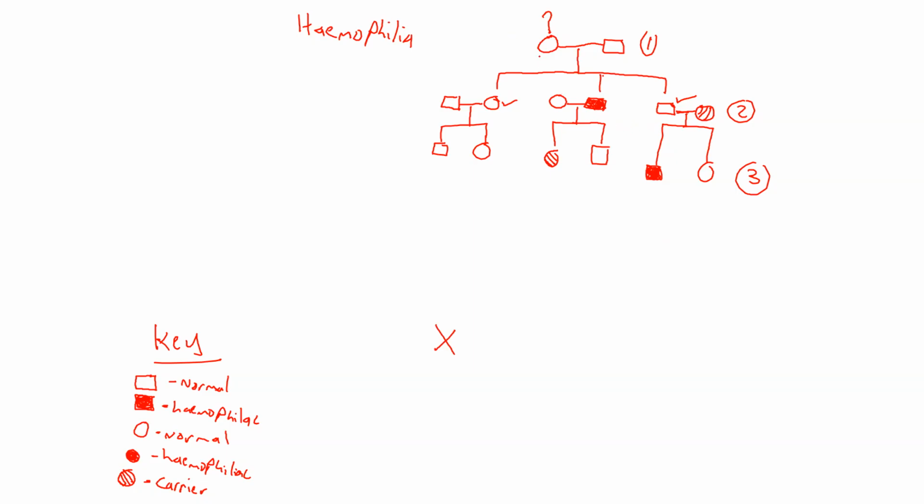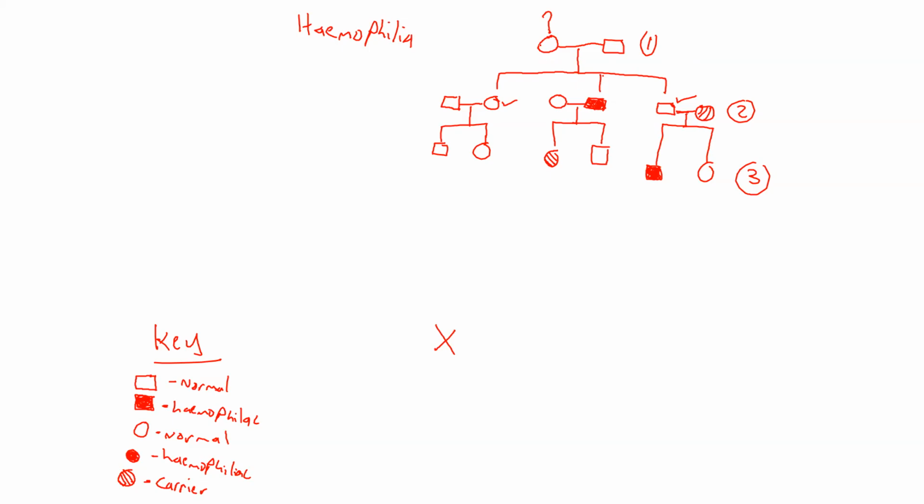So therefore, the mother has to be the one that is passing the hemophilia to the sons, okay? But because one has it and one doesn't, means that the mother must have one normal X chromosome, which she can give to this son here, as well as one with the hemophiliac trait that she gives to this son here.